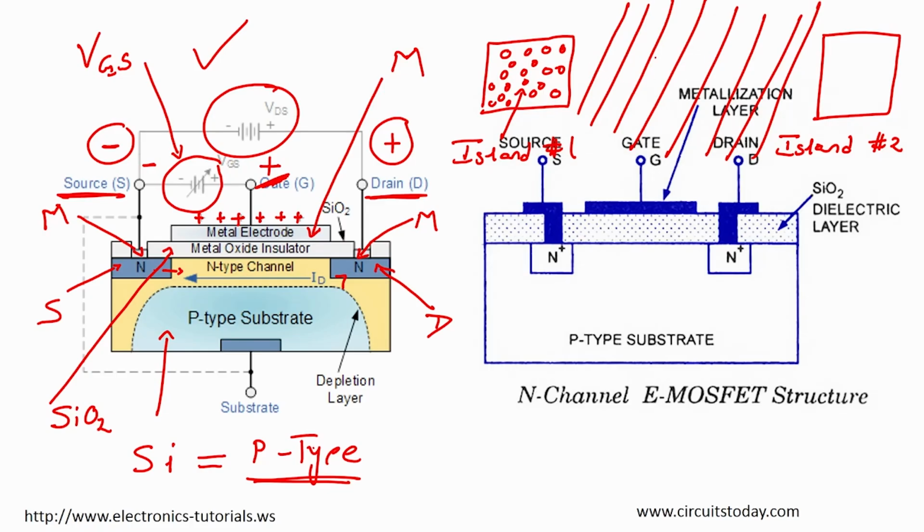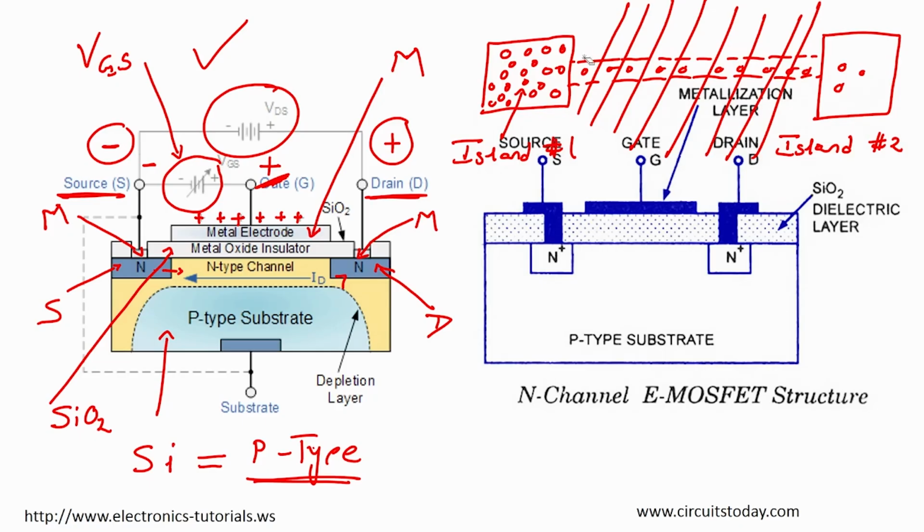Now, in this case, if I have a bridge connected between these two islands, then the persons can cross this bridge from island 1 to island 2, correct.